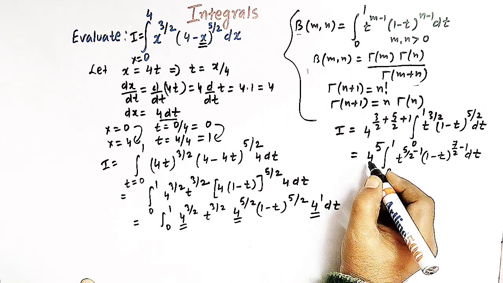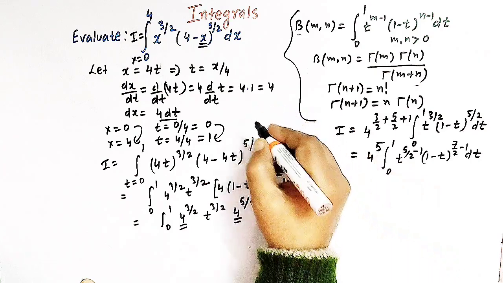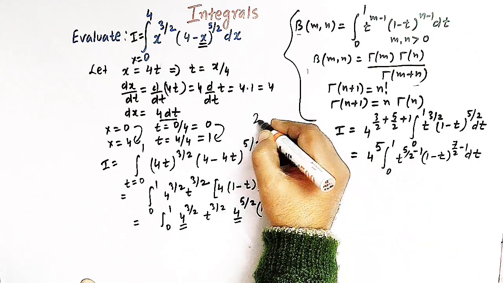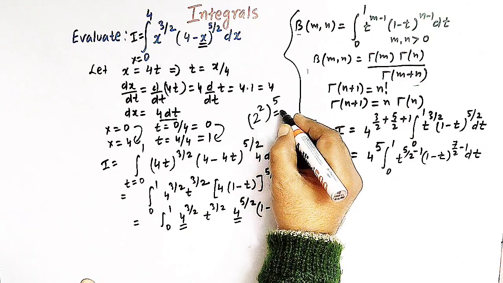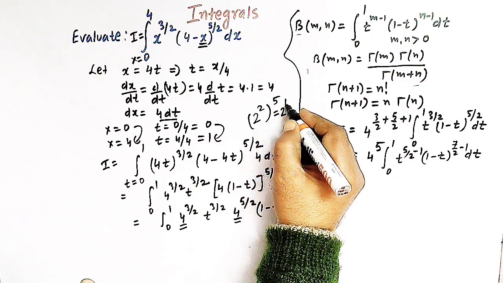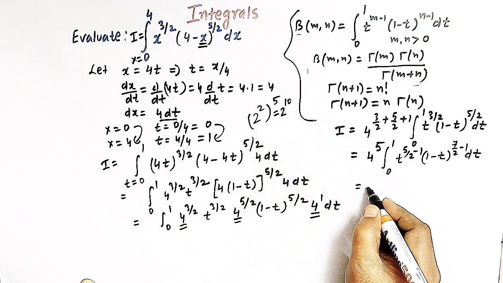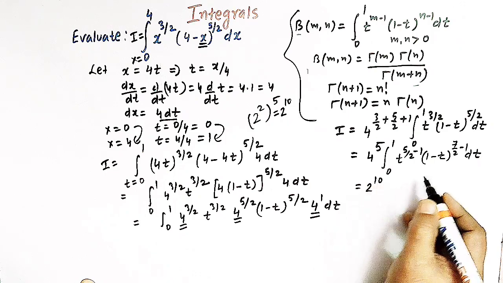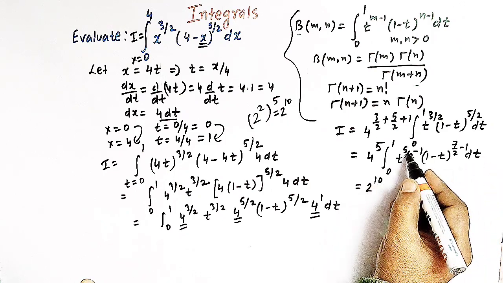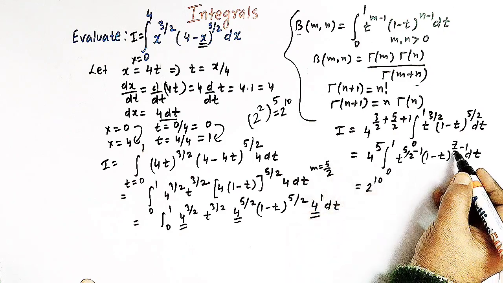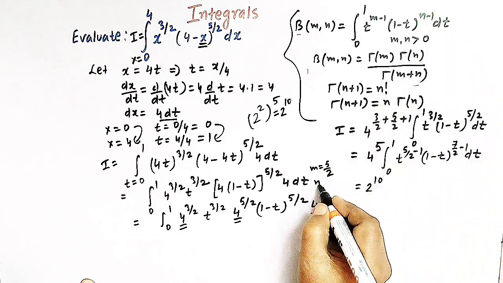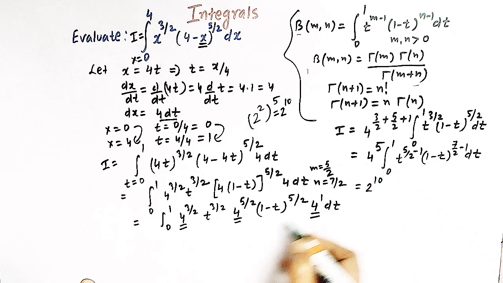So now 4 raised to 5 can also be written as 2 square raised to 5. So we have 2 raised to 2 times 5, which is 10. So here we have 2 raised to 10, and here the value of m is given by 5 by 2, and the value of n is given by 7 over 2.